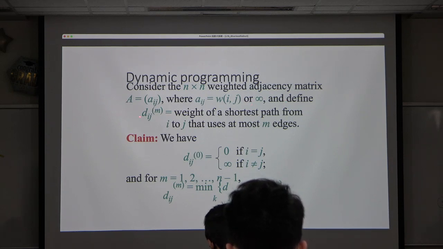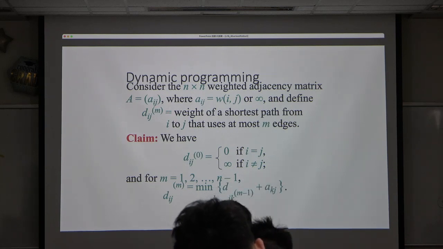And define Dij m to be the weight of the shortest path from i to j that uses at most m edges. I want you to remember, this m means from node i to node j with at most m edges.